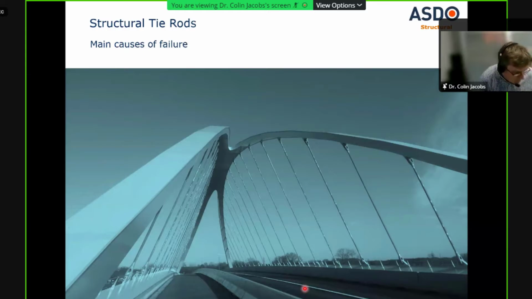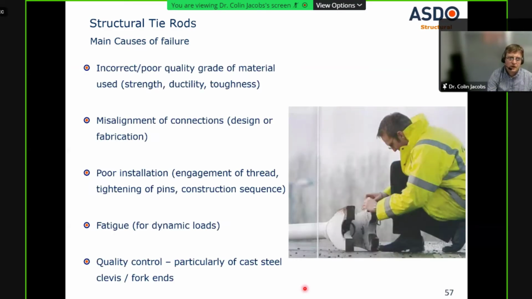So we move on to some of the main causes of failure we see in tie rods. Some of the main aspects really can start from the design stage. Really, the incorrect properties are used.